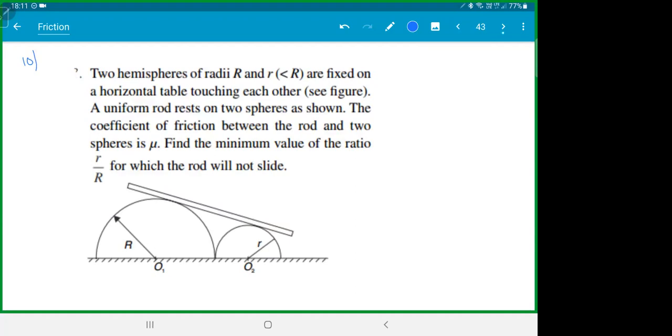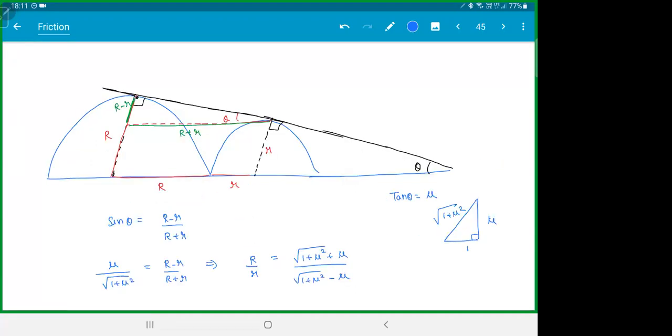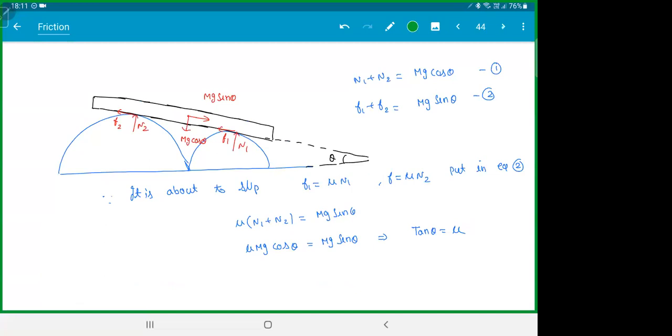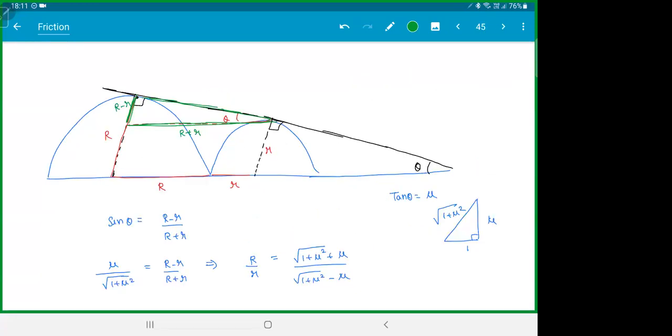Okay, they're asking the reverse, r by R. So you can just reverse it. Please check. This comes from geometry here. So this was easy. Once you got tan theta is equal to mu, a little geometry, and we get it from here. R minus r is the opposite side, and R plus r is the hypotenuse. You can just cross multiply and change that.